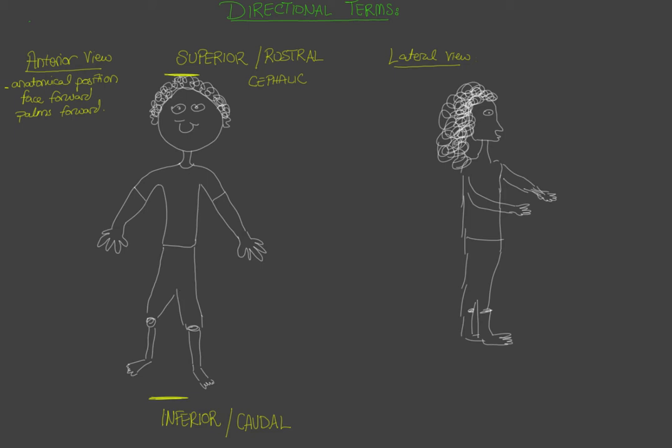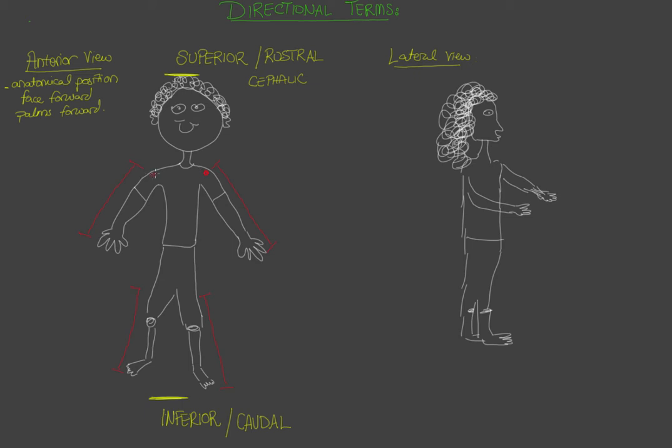Next up, let's go ahead and look at some new terms, and this time we're going to be looking at the limbs. When considering the limbs, such as the hands as well as the feet, we can think of them as an axis.